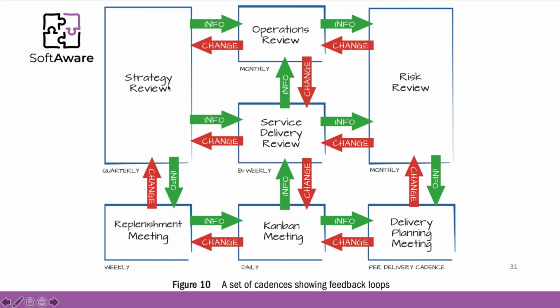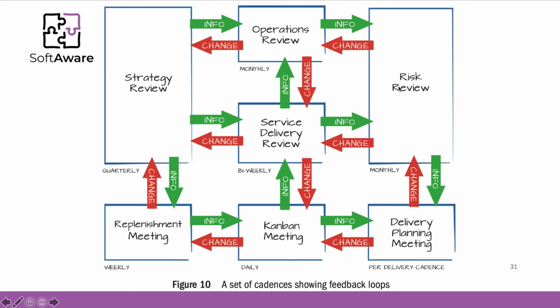A strategy review, where the services are selected in order to become fit for purpose, and this requires some external environment sensing. Operations review is where balance between and across services is attained. The idea is to always maximize delivery value, but it should be aligned with customers' expectations.